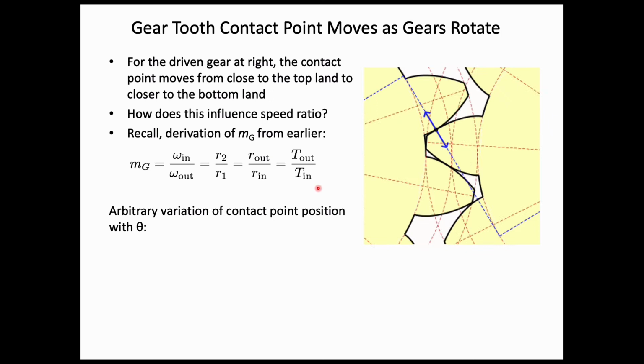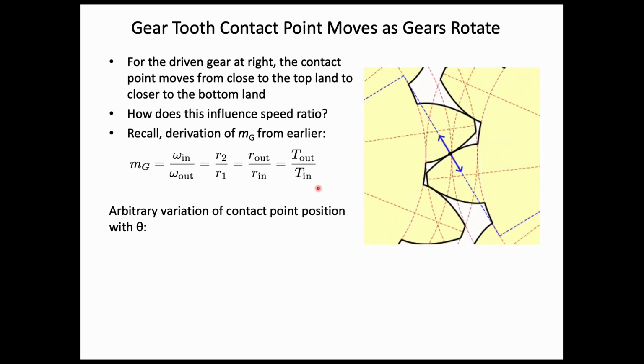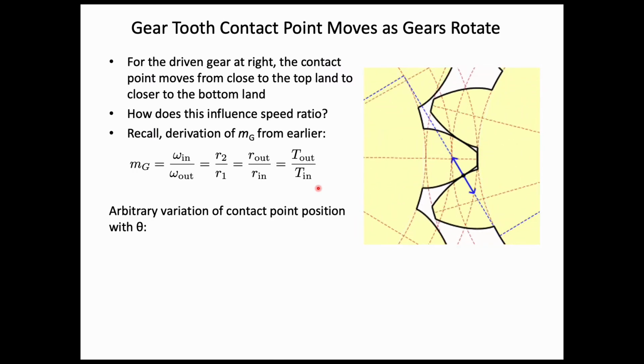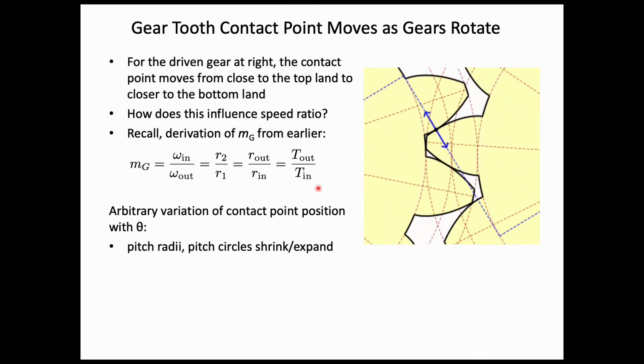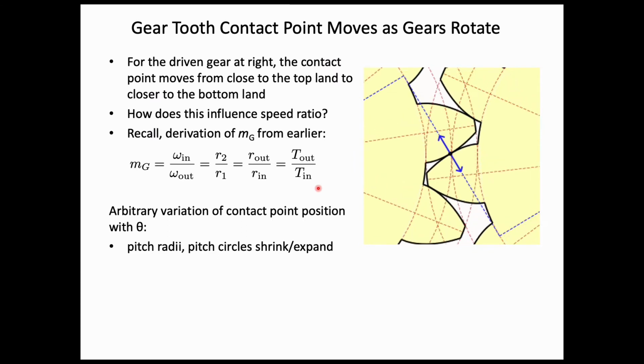The speed ratio could vary quite a lot if we aren't explicitly designing a gear tooth shape that is going to assure conjugate action. And what would happen in this case? Well, remember the pitch circles?